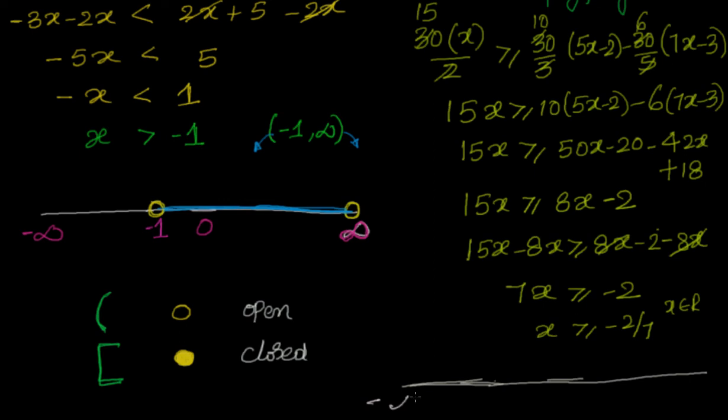I have negative infinity, I have infinity, and I have 0 in between. Okay, right. Now where are our values? X greater than or equal to minus 2 by 7.